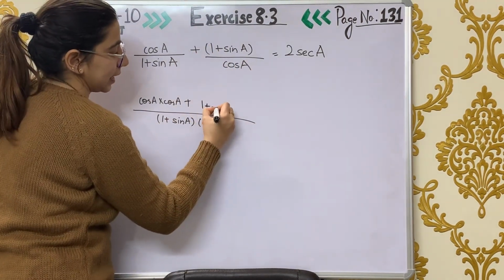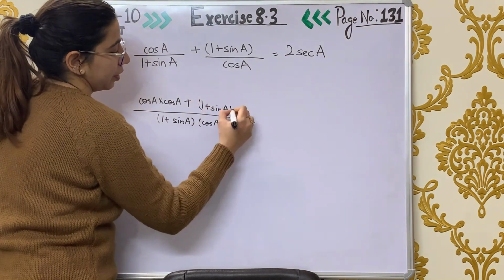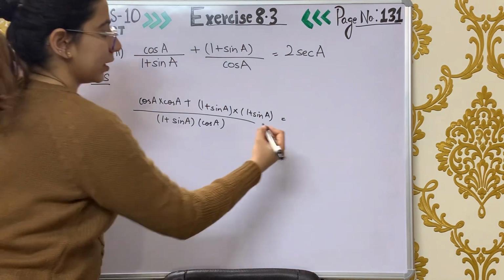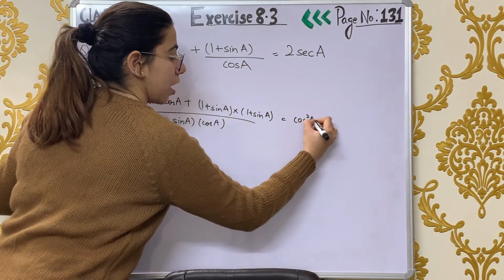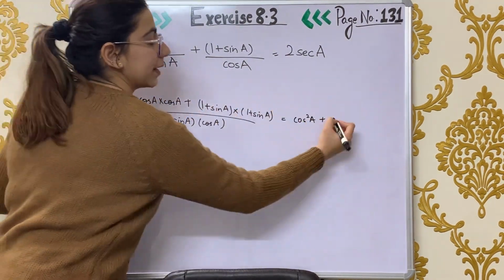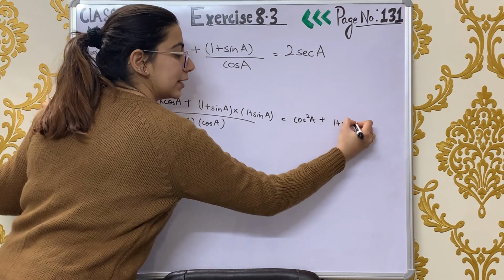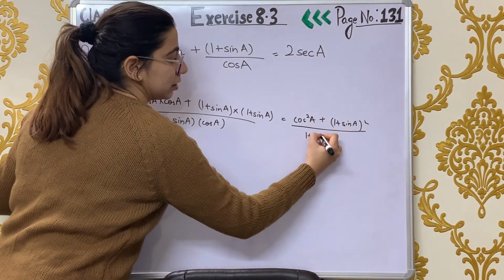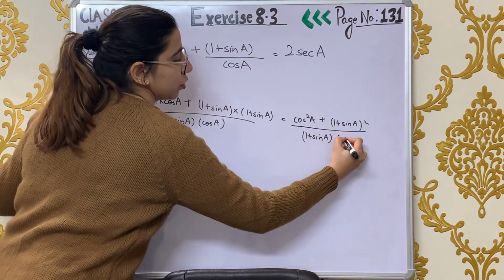So 1 plus sin a into 1 plus sin a. So this is gonna be cos square a plus 1 plus sin a whole square upon 1 plus sin a into cos a.